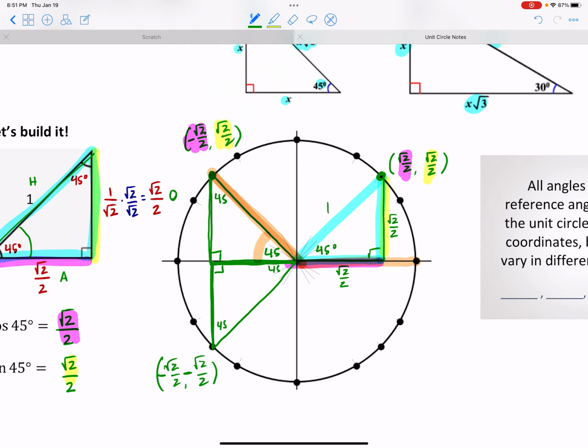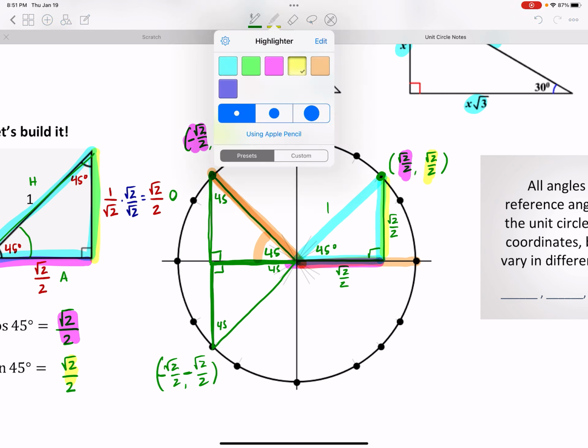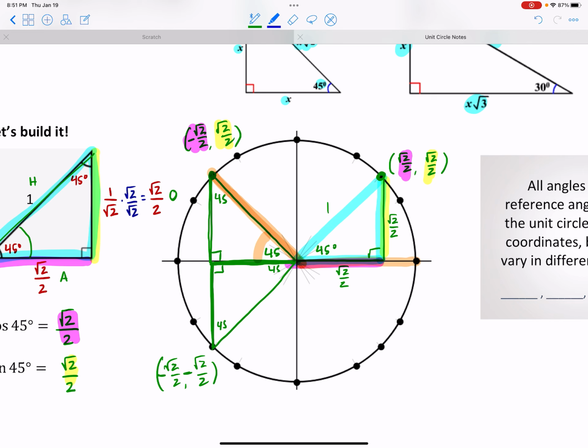Well, this angle still has a reference angle of 45 degrees, but total, so the angle starts here and goes here. So we'd be looking at 180 degrees plus another 45. So we said this one was 135. This one would be 180 plus another 45, so this is a 225 degree angle here.